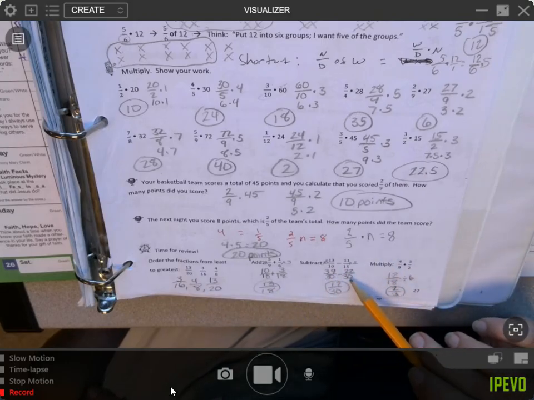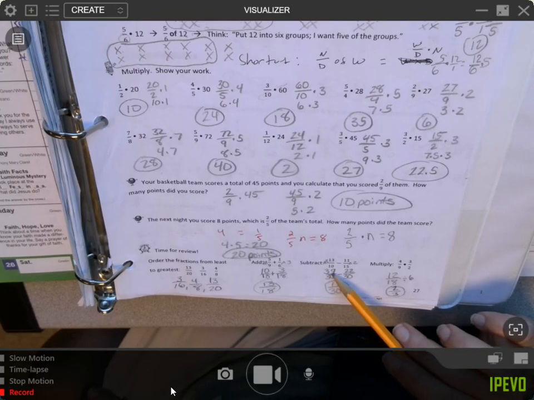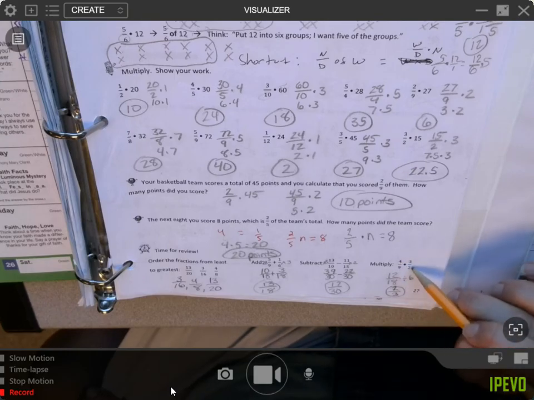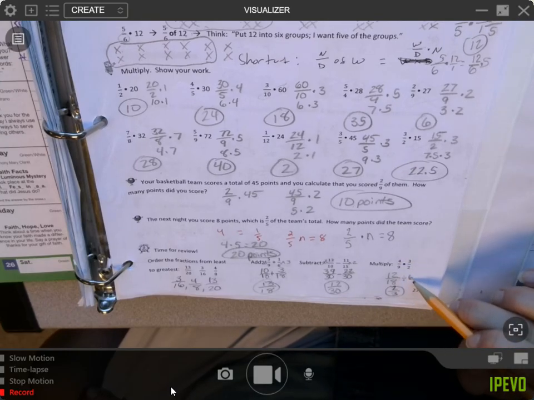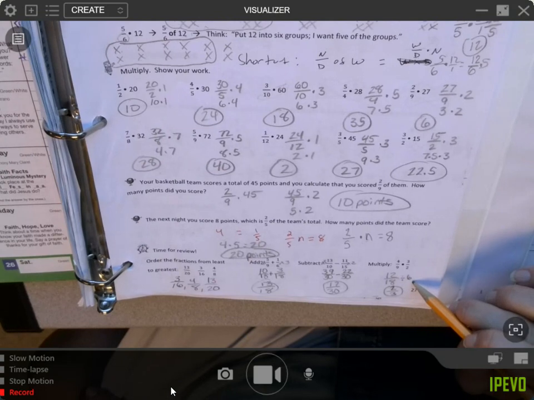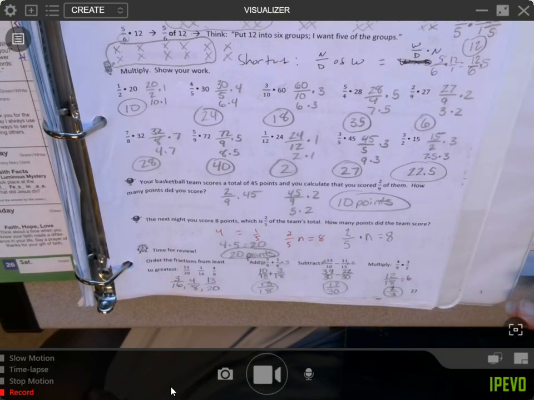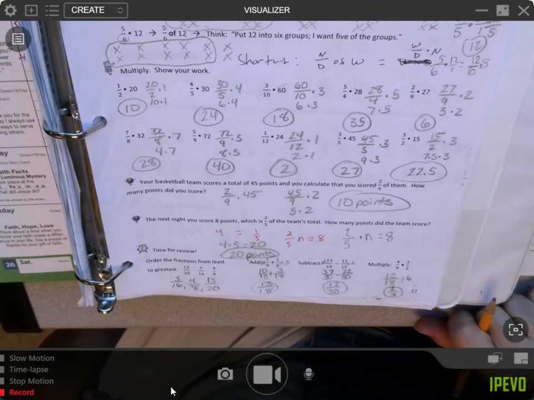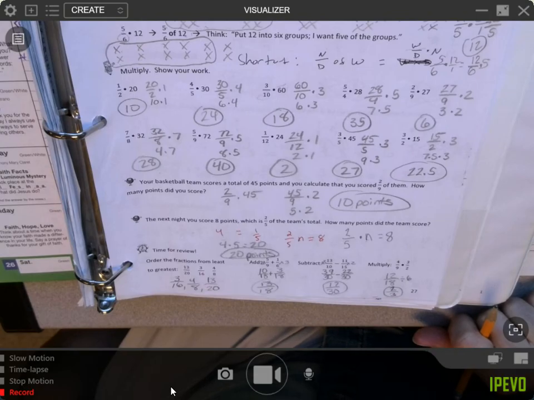Subtracting, common denominator of 30, so we had 39 minus 22, which is 17/30. Then multiplying, we multiply straight across and simplify. So multiplying across, we got 12/18, but we have to remember to simplify. So our final answer is 2/3. If you put 12/18, that would be wrong, because you have to simplify.